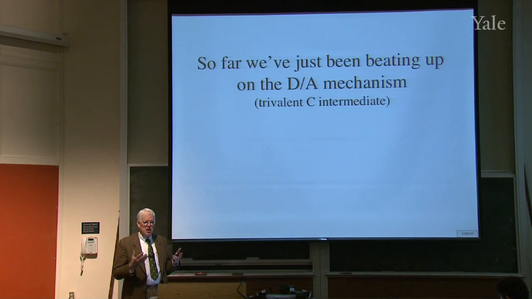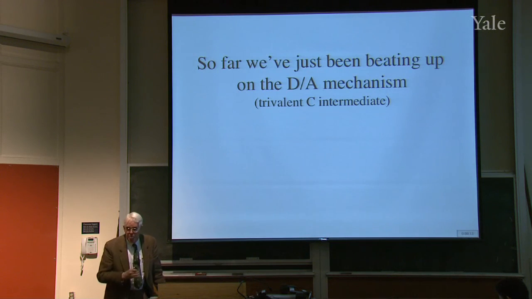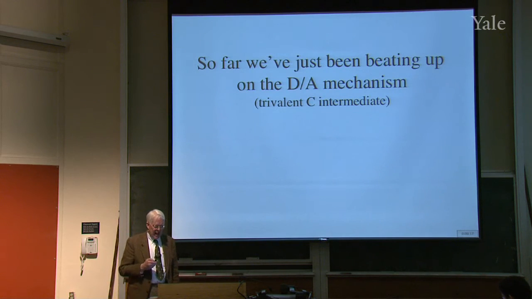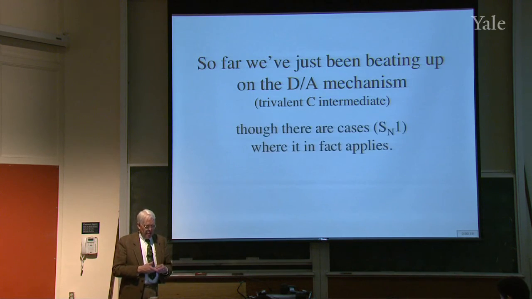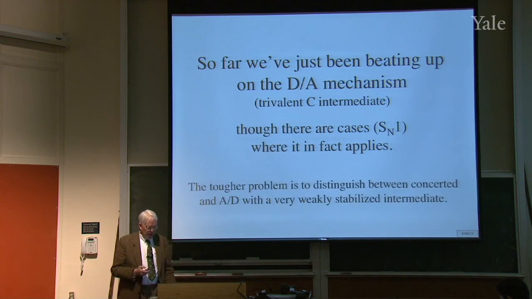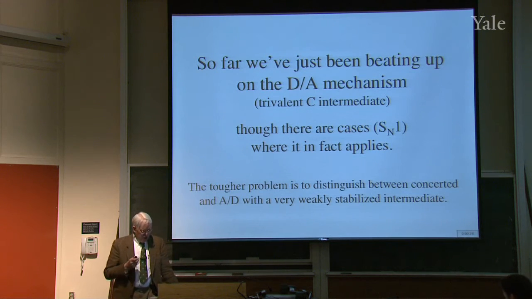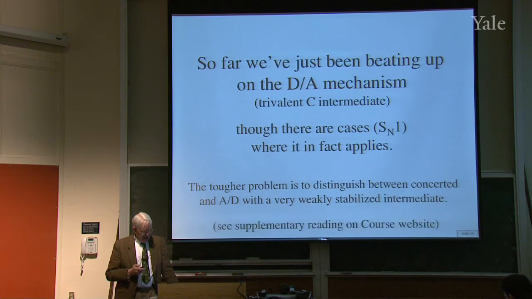Most of the things we've disproven involve the trivalent carbon intermediate, although it can happen, and we're going to talk about it next, to go through the intermediate cation. So there are some cases where it applies. But the tougher problem is to distinguish between concerted and association-dissociation with a very weakly stabilized pentavalent intermediate.